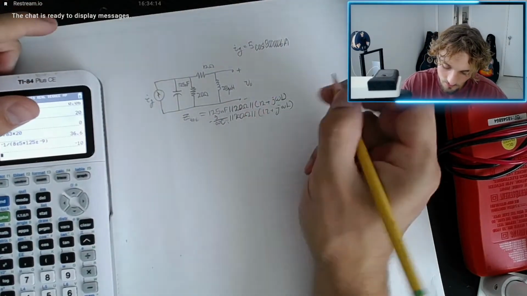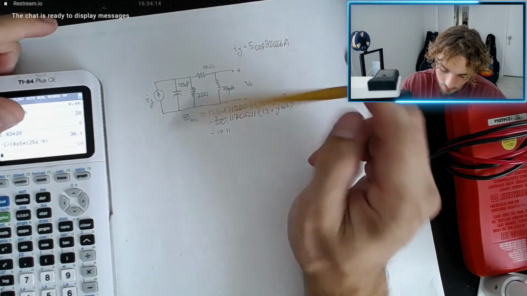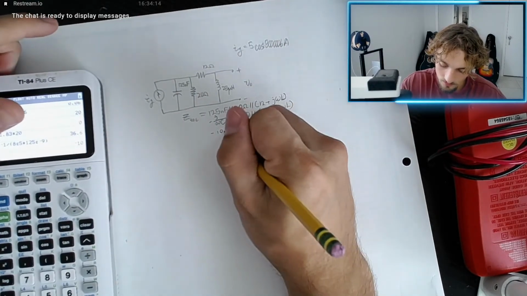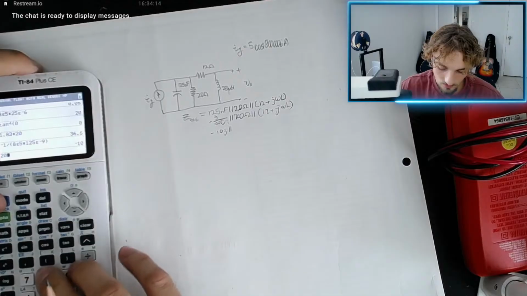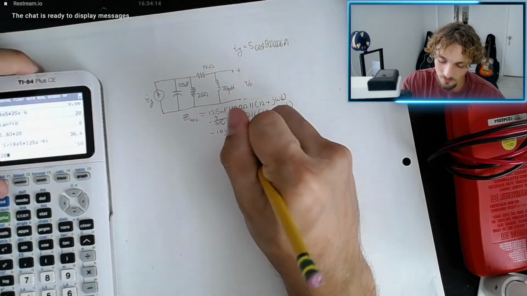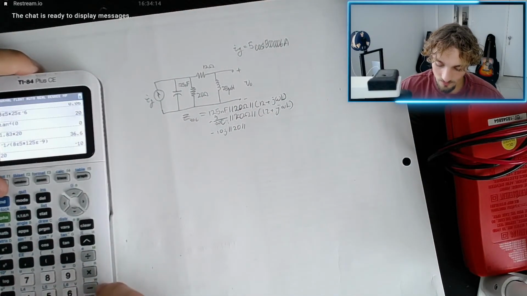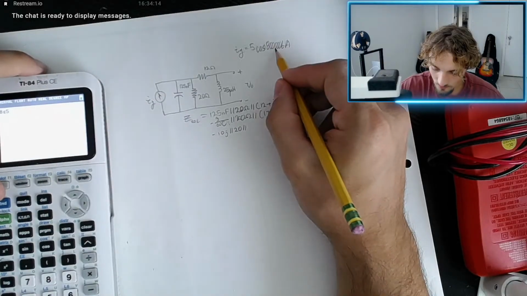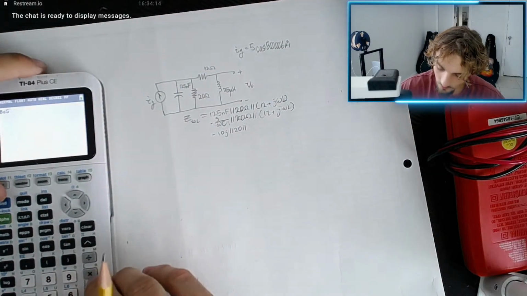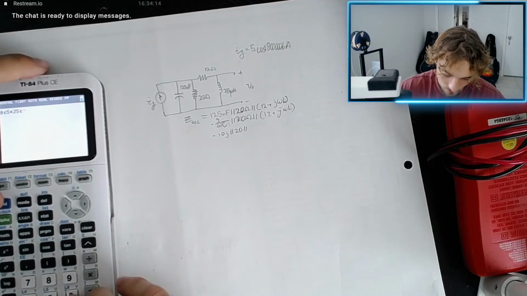Okay, so negative 10j. Negative 10j in parallel with 20, in parallel with j omega L, 8e5 multiplied by 25 microhenry, 25 e to the negative 6, which is 20j.